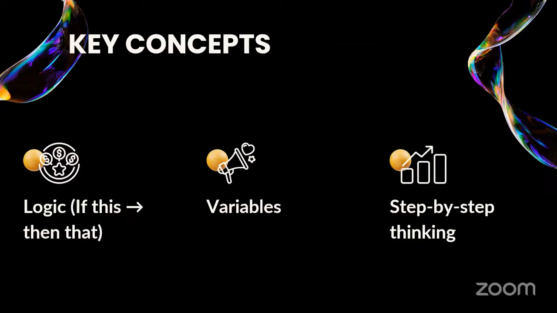With variables, it can be a name like maybe interview methods lab 001. It's just stored information. And for step-by-step, step one can be identifying a file, step two can be checking the name, and step three is actually moving the file. So it's just that step-by-step process that we take to actually complete the action.